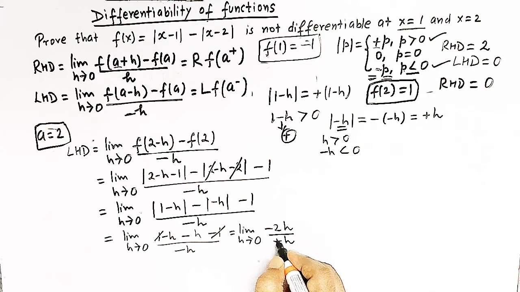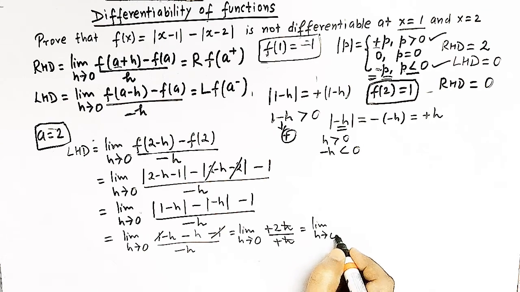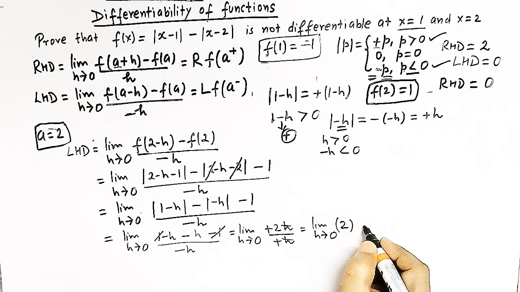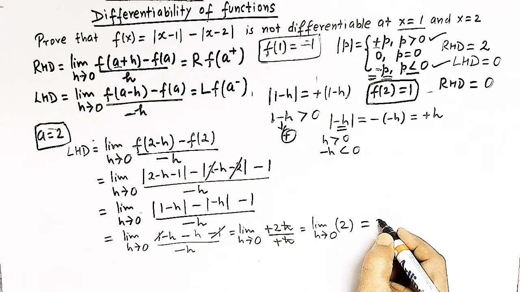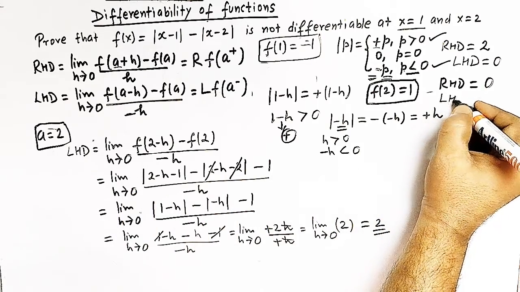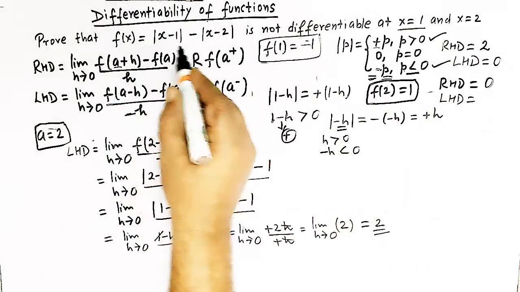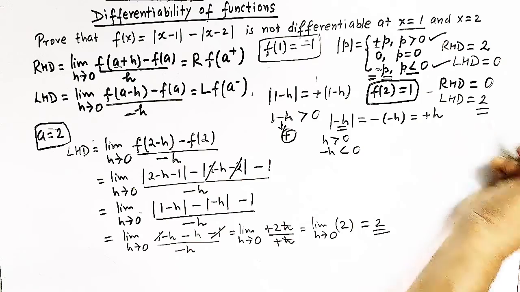And here negative and negative get cancelled, h and h get cancelled, and we have limit h tends to 0, and here we have 2, and this term is independent of h, so here we have simply 2. So the left hand derivative of this function at x equal to 2 is 2, right?